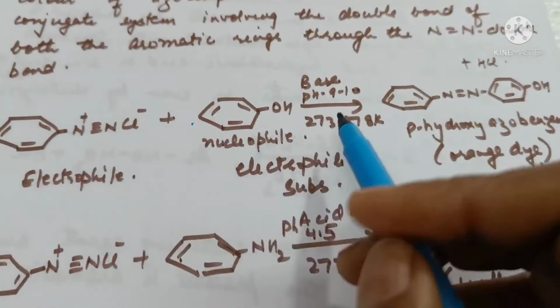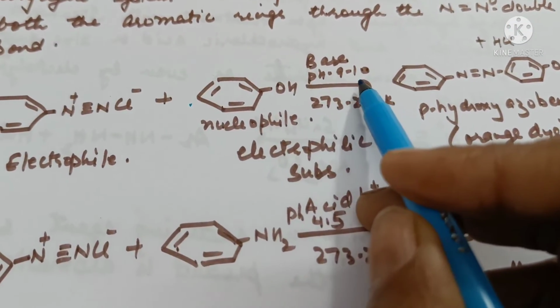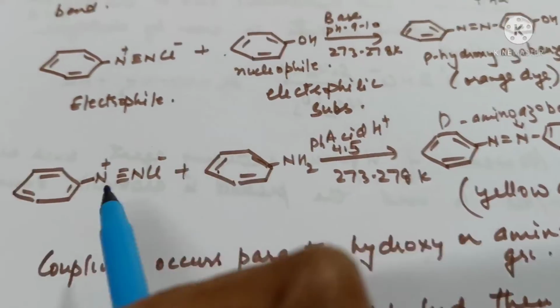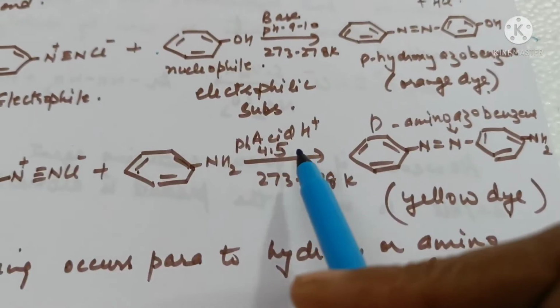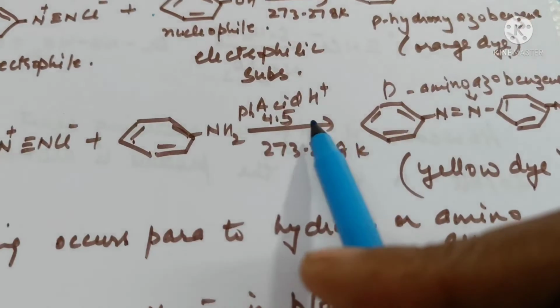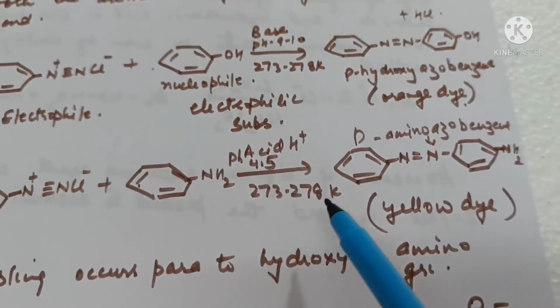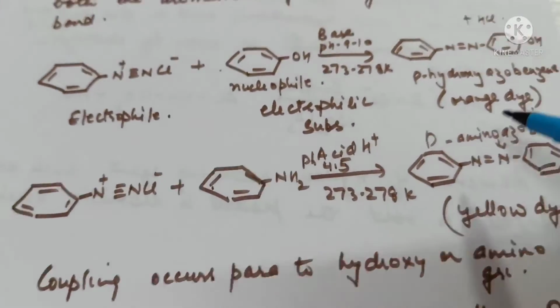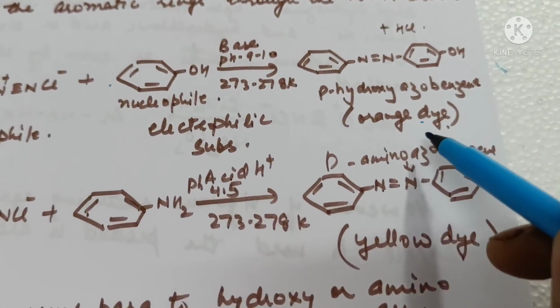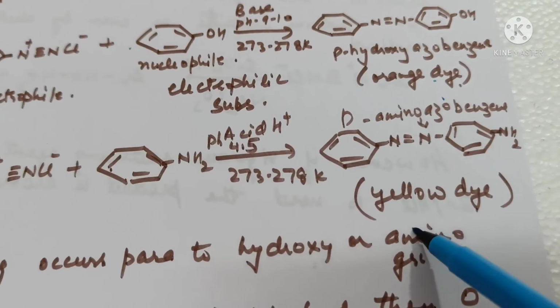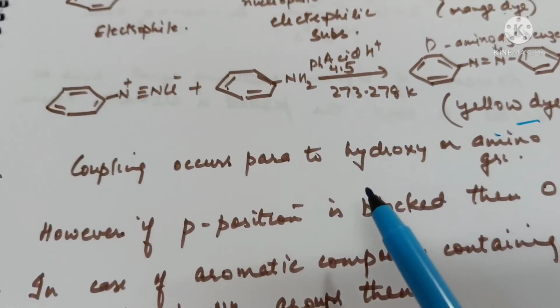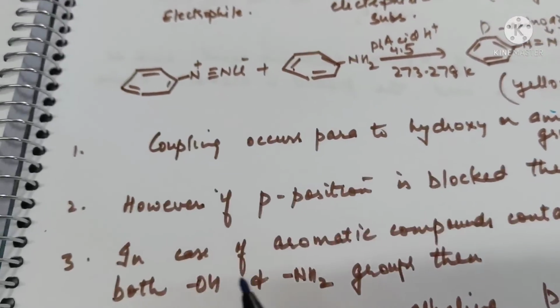This reaction takes place in basic medium, pH 9 to 10, whereas this is basic. This reaction takes place in acidic medium, pH 4 to 5, at a temperature of 273 to 278 Kelvin. Phenol will form an orange dye, aniline will form a yellow dye. Coupling occurs para to the hydroxy or amino group.